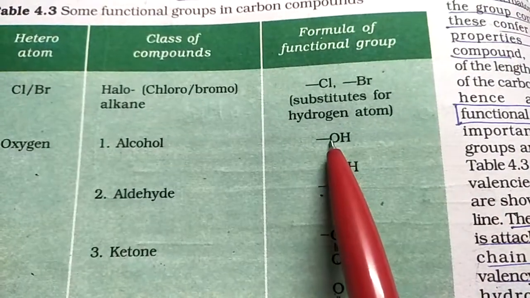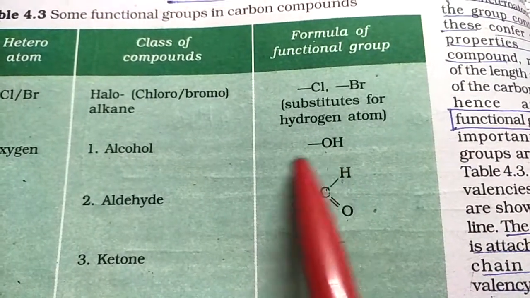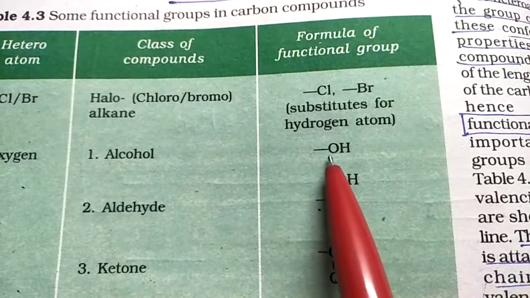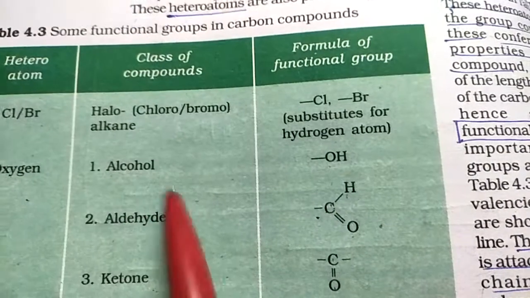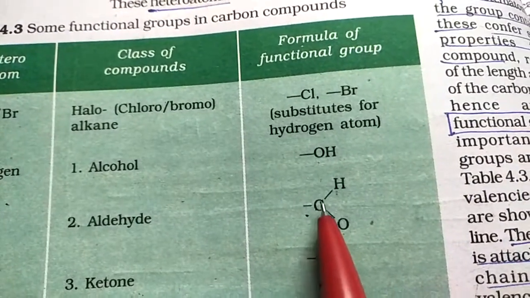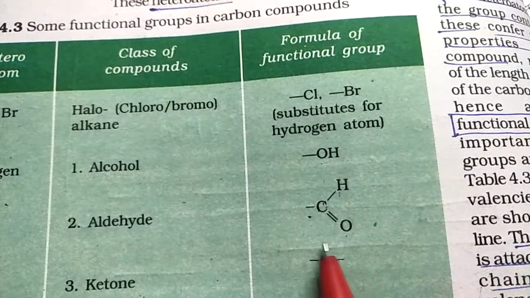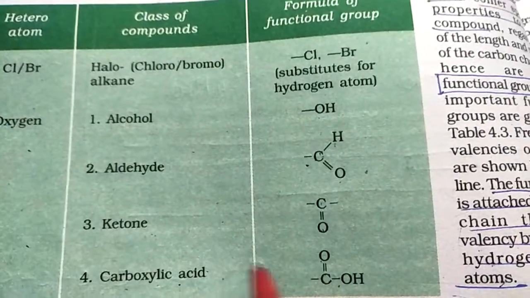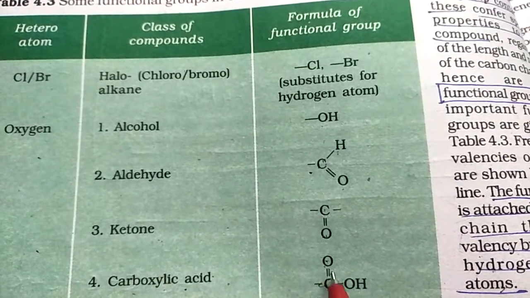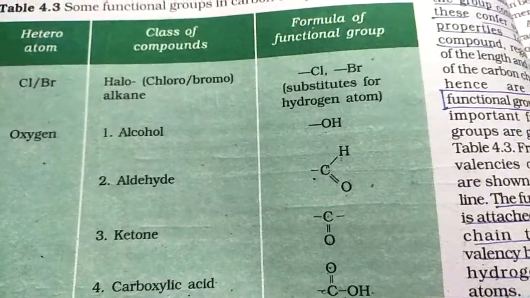Now this oxygen here directly gets attached to the carbon atom, replacing one hydrogen atom. The functional group is OH for alcohol, for aldehyde it is CHO, for ketone it is C double bond O, for carboxylic acid it is C double bond O, OH.